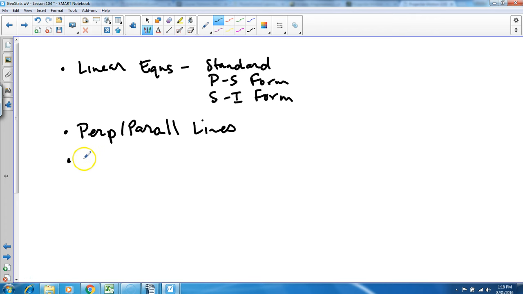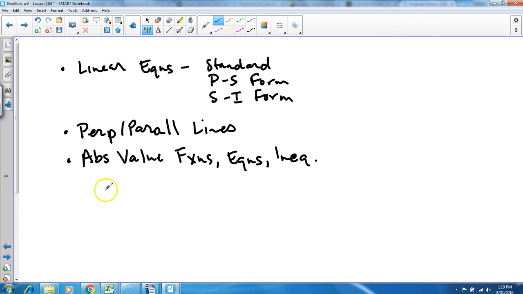The next thing we talked about were absolute value functions and equations and inequalities. Solving those, graphing those, and so on. So that just gives you an overview of where we've been.